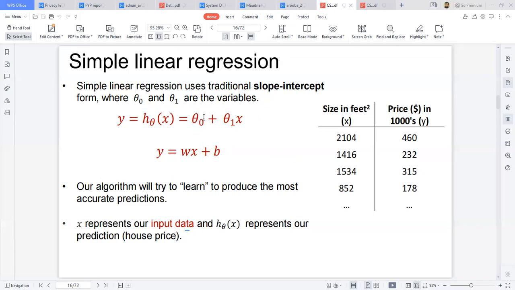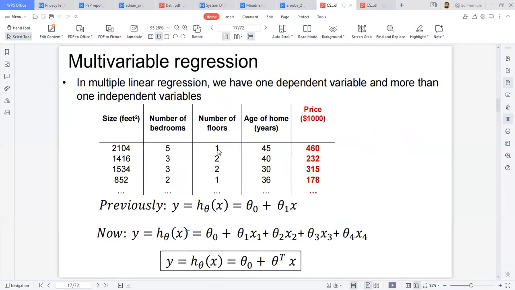If you see here, the previous one we only had one feature, size, but here we have 2, 3, 4. We have four independent variables, and one dependent variable, the price. In multiple linear regression, whereas simple linear regression has only one independent variable, we have one dependent variable like price and more than one independent variable.